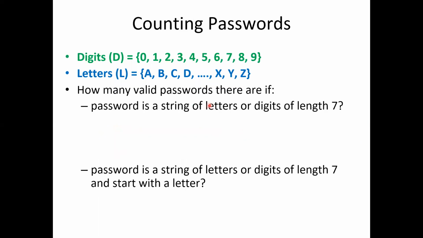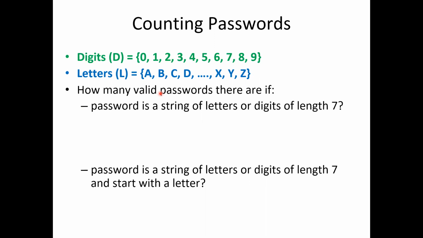Okay, let's do counting passwords, right? These are examples that are close to what I do. Typically, you go out there and they force you to choose a password, and you're like, okay, I have some password I like. You type it, and they say, no, sorry, it has to have a capital letter, it has to have a digit, it has to have this.